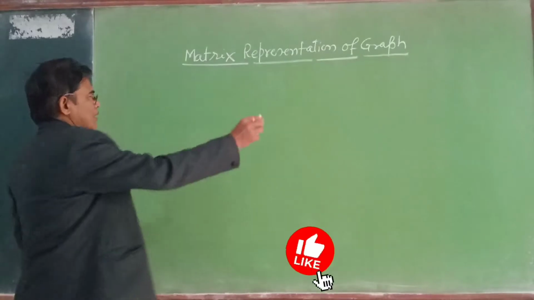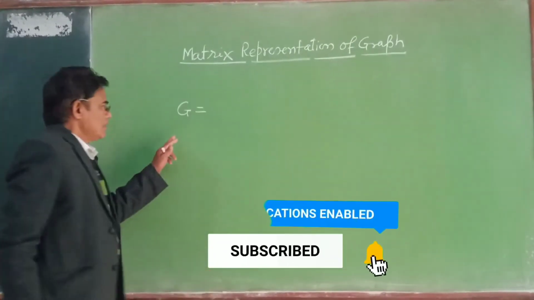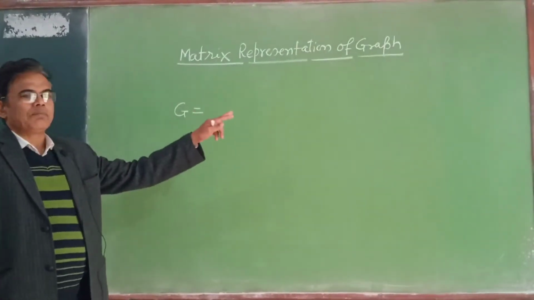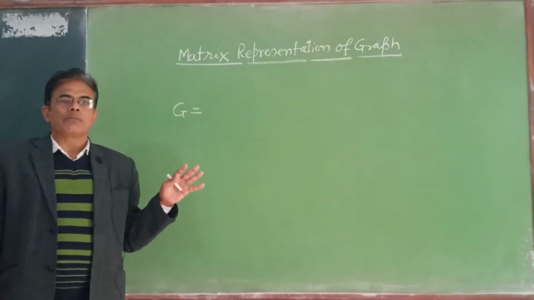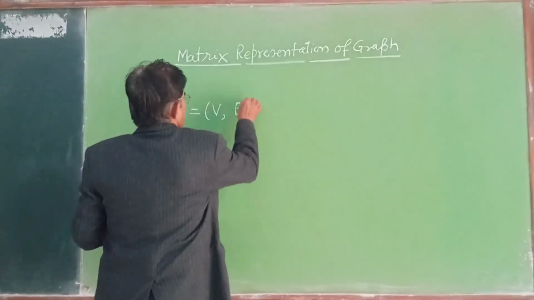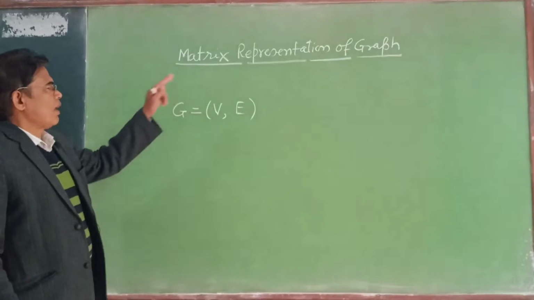Okay. So as we have, graph G is a collection of vertices and edges, meaning G equals (V, E) is a graph where V is the set of vertices and E is the set of edges. So how do we represent it in matrix form?